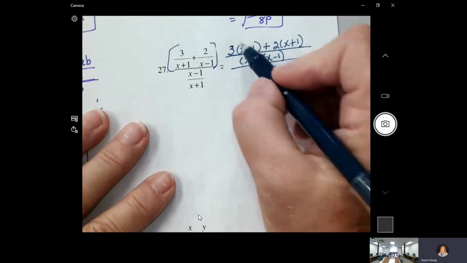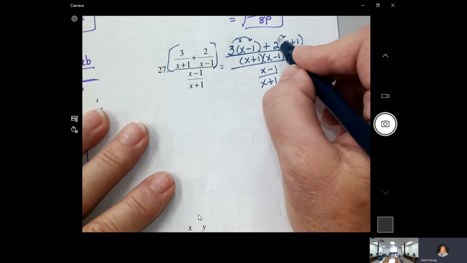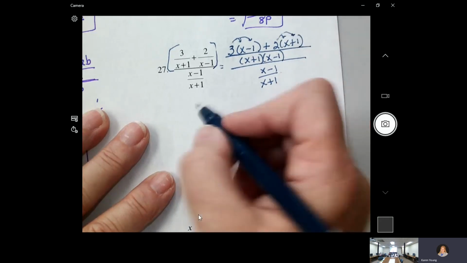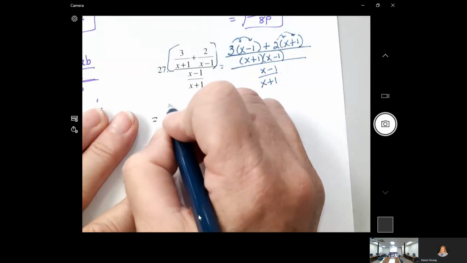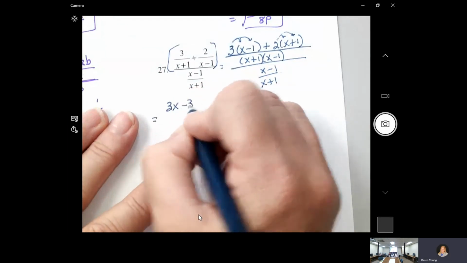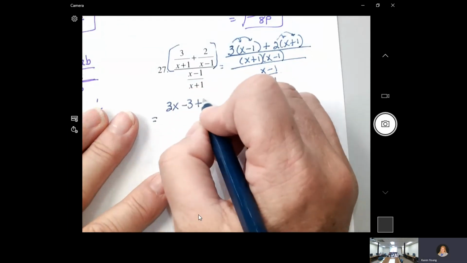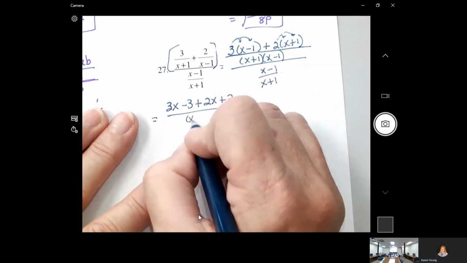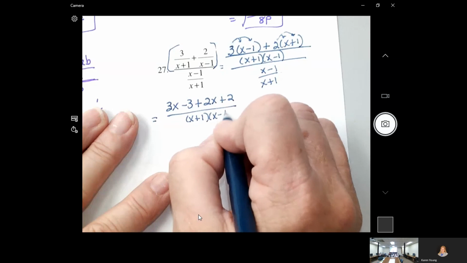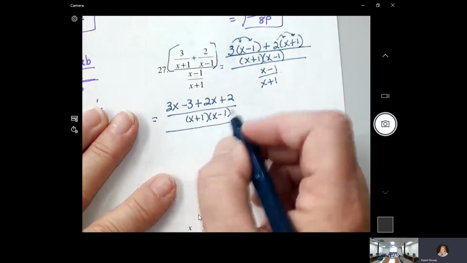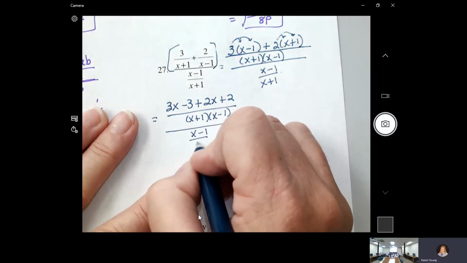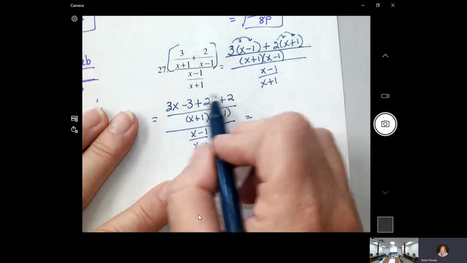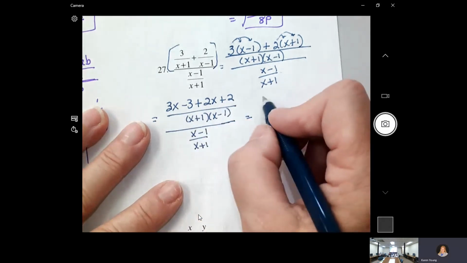And then I'm going to distribute my 3, and I'm going to distribute my 2 before I do anything else, because I got to be able to combine like terms. 3x minus 3 plus x plus. These take more room to write out. Simplify, or combine the like terms up on top.